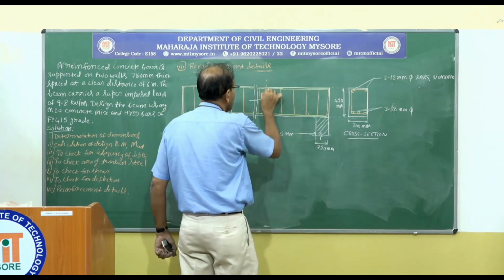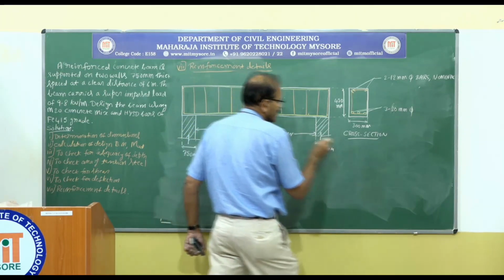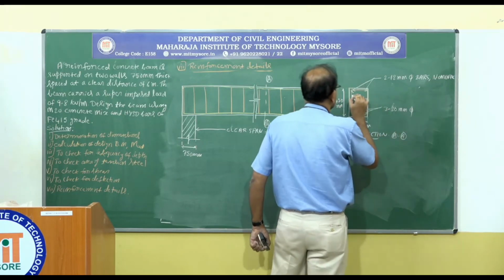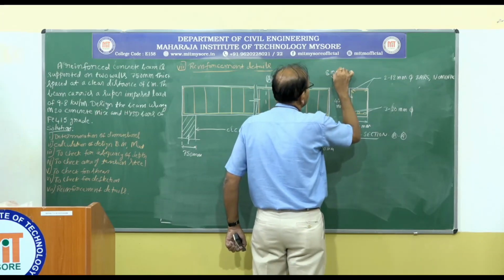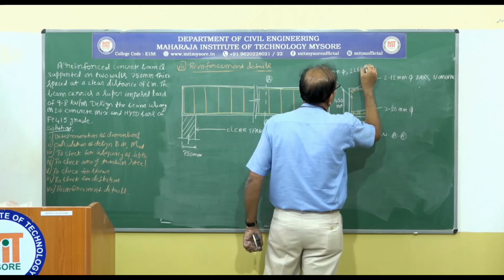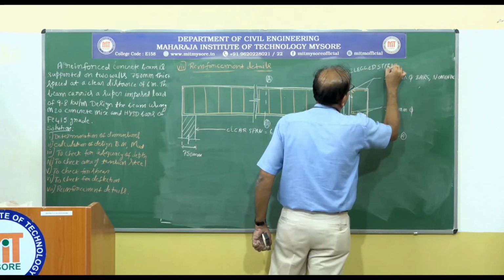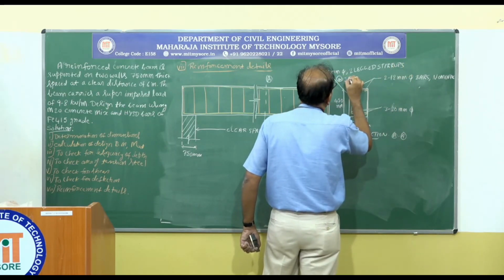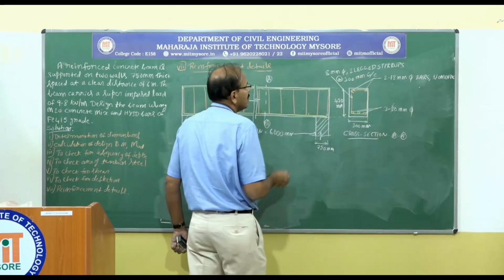Okay. So you take any cross section, AA. It is the same cross section, AA. So this is 8 mm dia, 2-legged stirrups at 300 millimeter center to center.